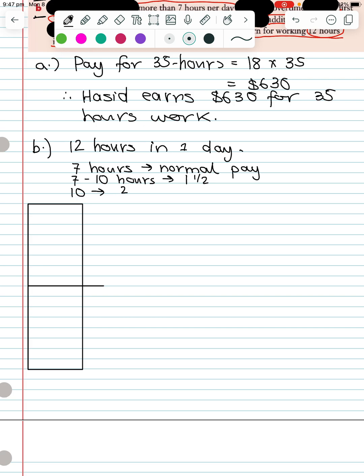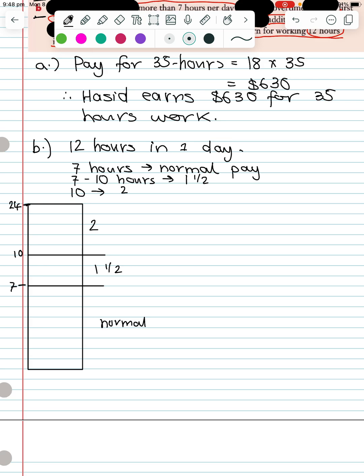He's in this section here, normal pay, and that goes up to 7. This then goes up to 10. This is time and a half. And then this goes up to infinity, and this is double time. Now really, I am lying when I say infinity, because there's only 24 hours in a day. He's probably not going to work all of that though.